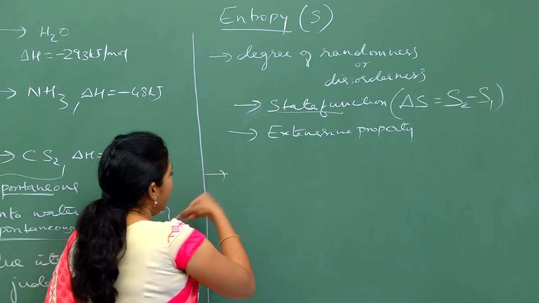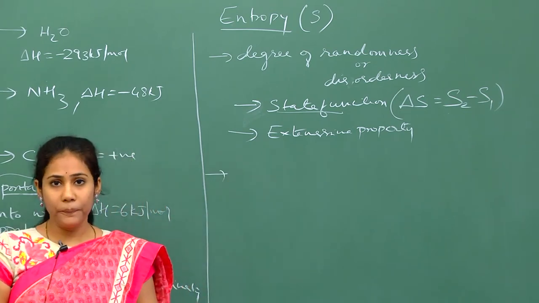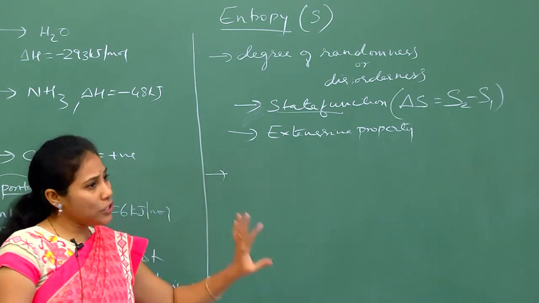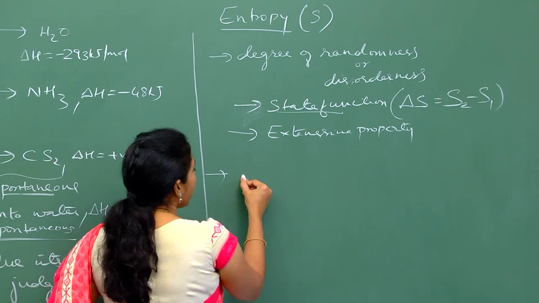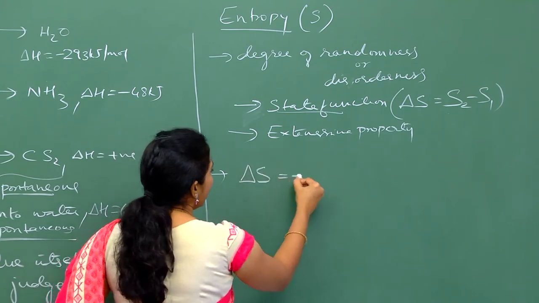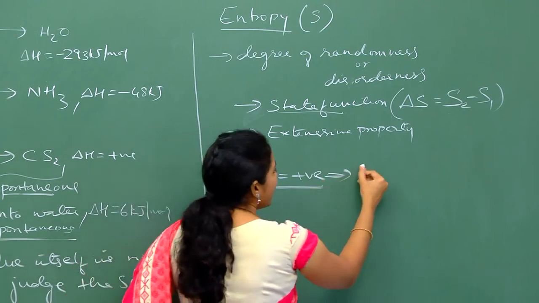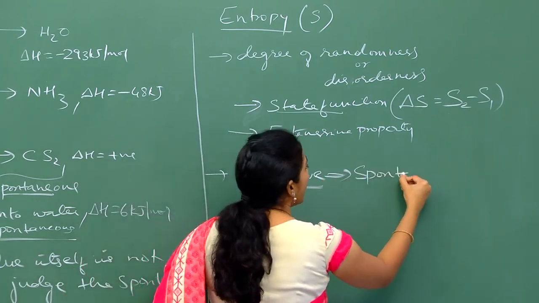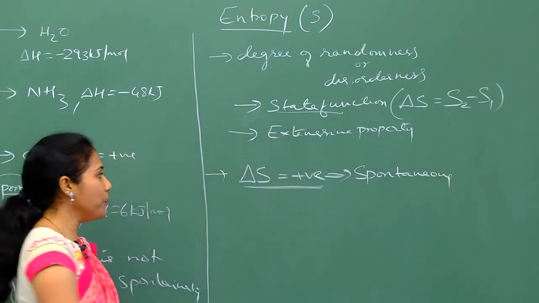And if you want to tell whether a process is spontaneous or not, entropy can also help us. What was decided is that if the delta S value is positive, then the reaction is said to be spontaneous. Delta S positive means what?